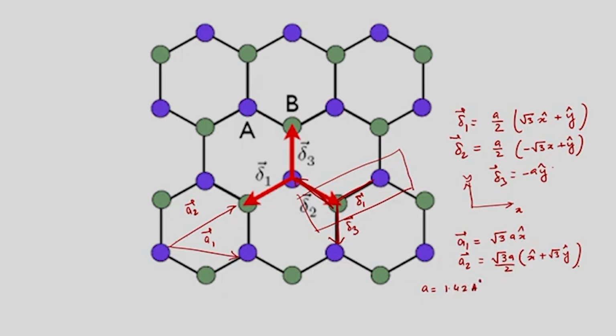It is very interesting to note that the hopping amplitude has a value which is very large, about 2.7 electron volt. We will tell you the exact number. So, each of the electrons has a very large hopping. Okay. So, it hops to its nearest neighbors.